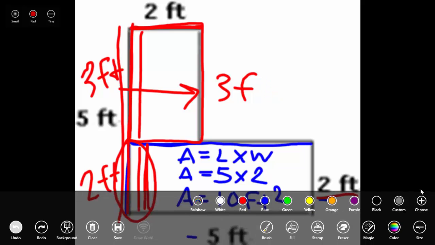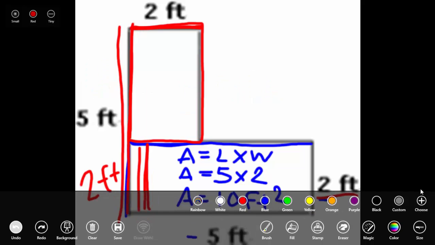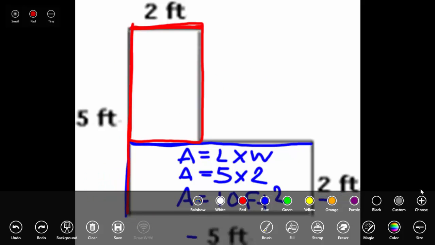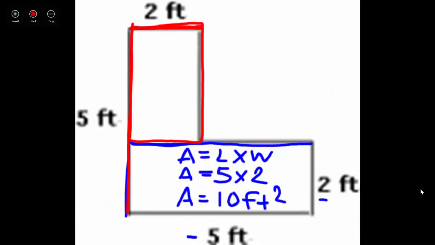Now, I'm going to get some of this mess out of the way here. So we said that this side, just from here to here, is 3 feet long. Now we have the length and the width of our second rectangle. So I'm going to rewrite my formula.